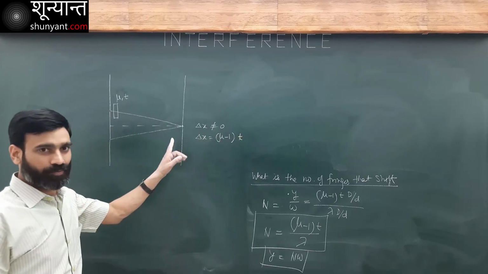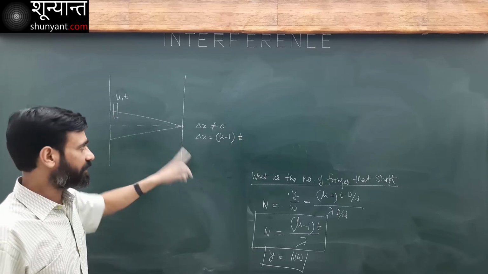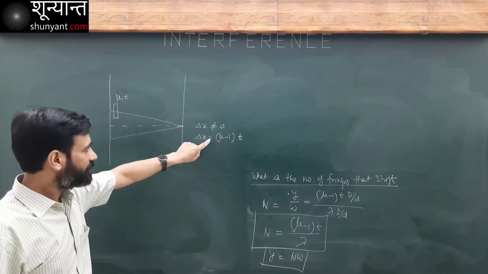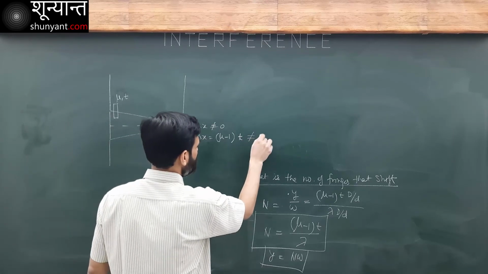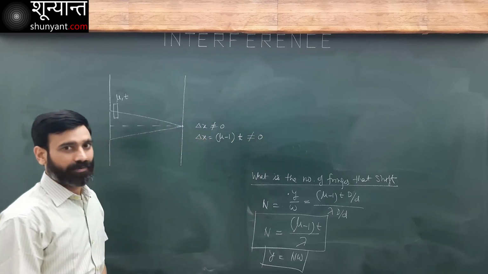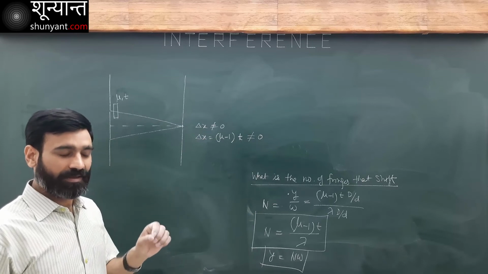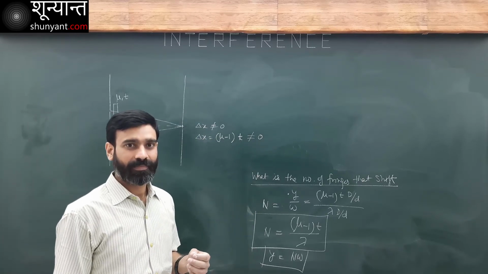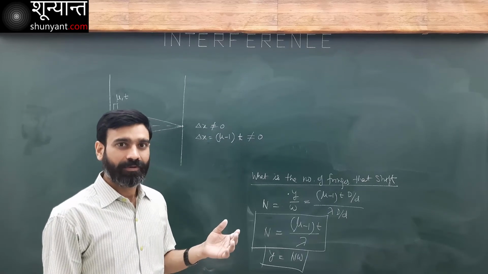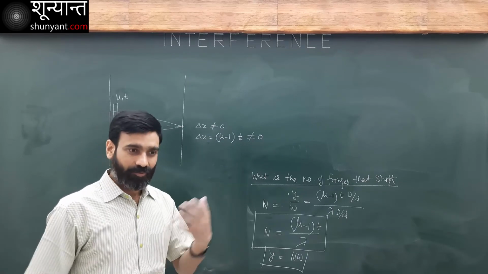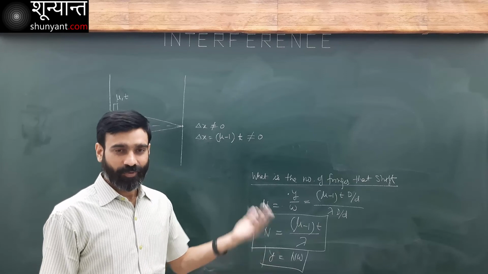We just did one problem in the previous section. This is the path difference. Now this clearly is not 0. If it is not 0, then it can have any value. It can be lambda, it can be 2 lambda, it can be half lambda, it can be 1/3 lambda.